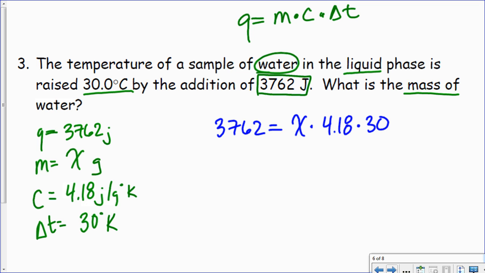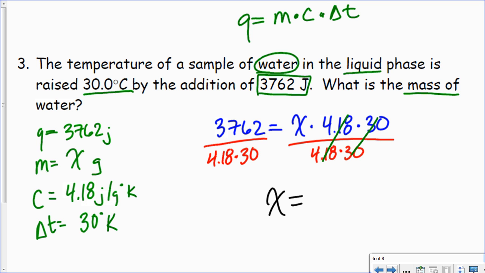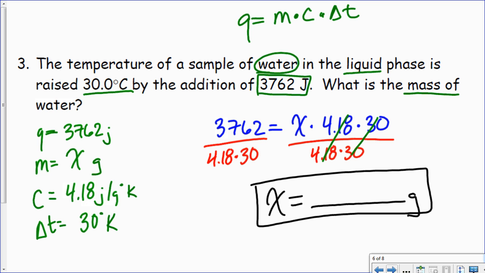To isolate X by itself, you divide both sides by 4.18 times 30. You can do it in whatever order you want, but you have to divide both sides by both of these values. They cancel out on the right-hand side, leaving you with X equals some unknown quantity of grams of water. And that's what I want to see for your calculations in your homework.